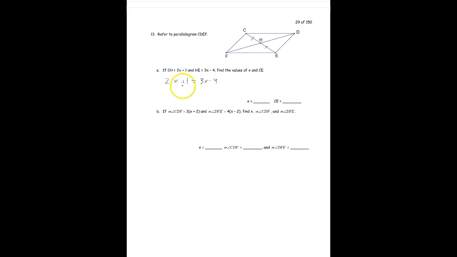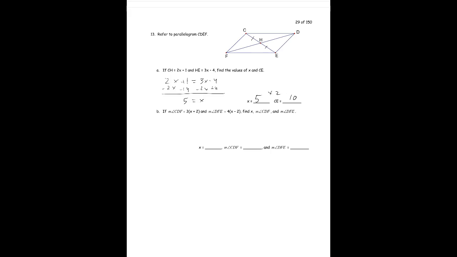Solve this equation simply. We subtract 2x from both sides, and we'll add 4 to both sides. 5 equals x, which means CE would equal 10, because that's the entire diagonal, so it's just 5 times 2, because it's a bisected diagonal.